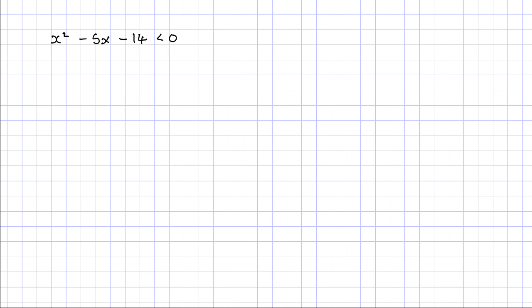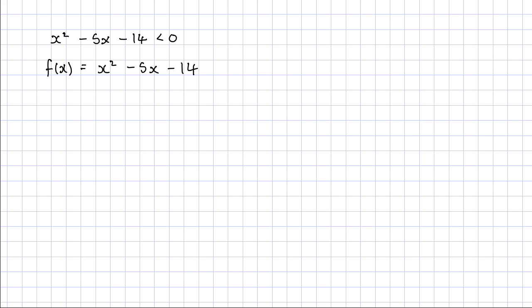So I can actually write this like a function. So I can write f of x. So f of x is equal to x squared minus 5x minus 14. So I need input values here, where I'm going to calculate this and I'm going to get an answer of less than 0.